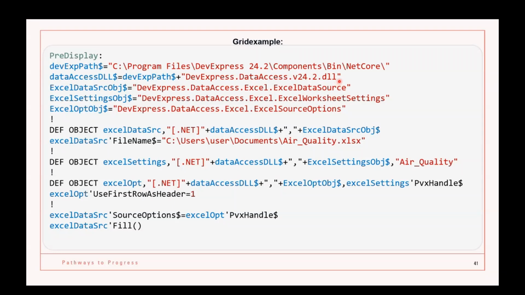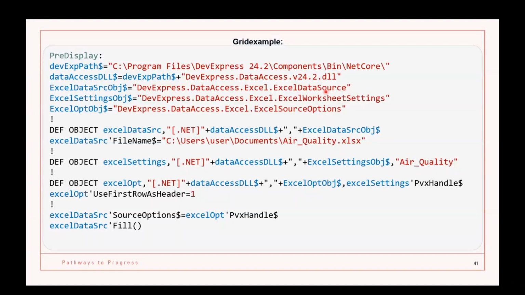The data access DLL is the one that has the .NET objects defined for creating a data source from Excel. All of this I got from the DevExpress documentation. I also found tutorials on how to load grids from Excel, which walk through what to do here. But this one's actually a pretty simple example, so we should be able to walk through it quickly.